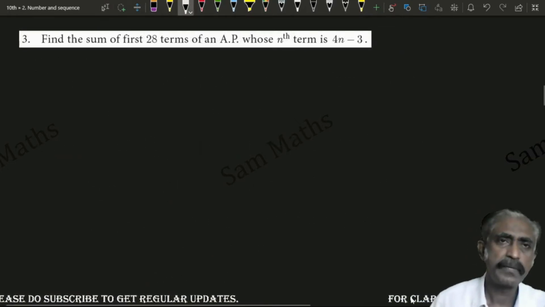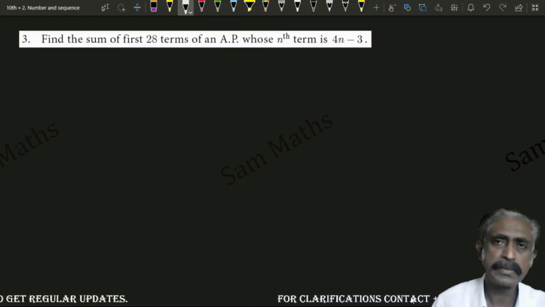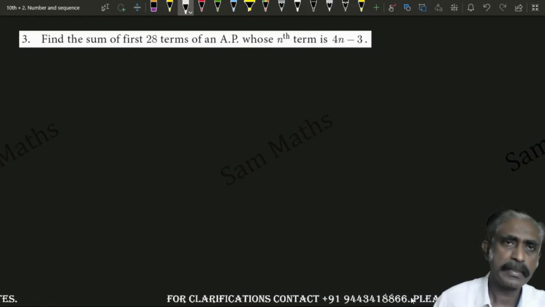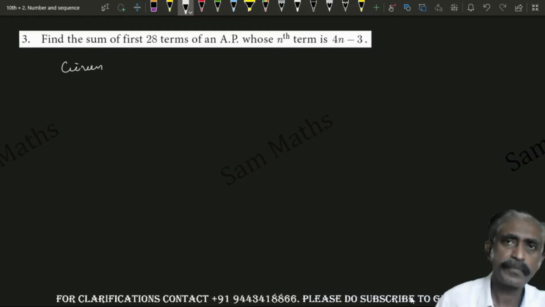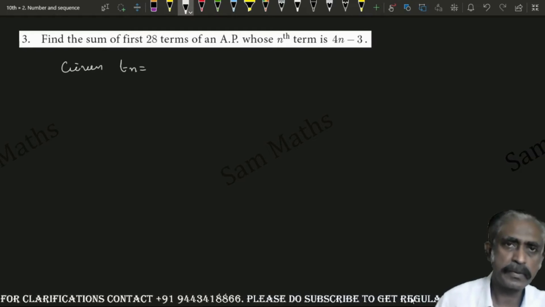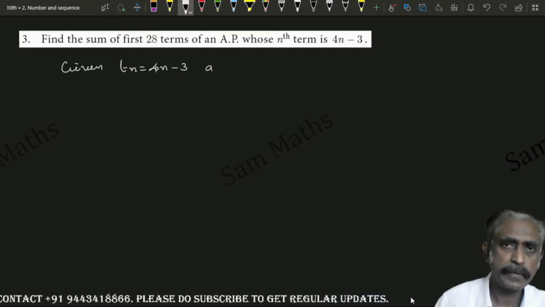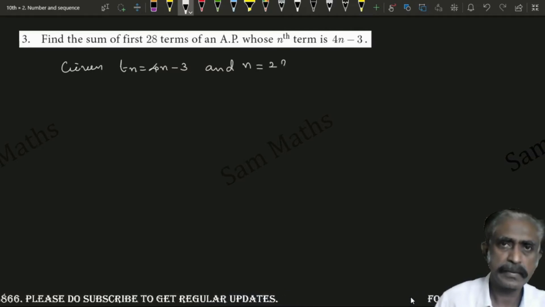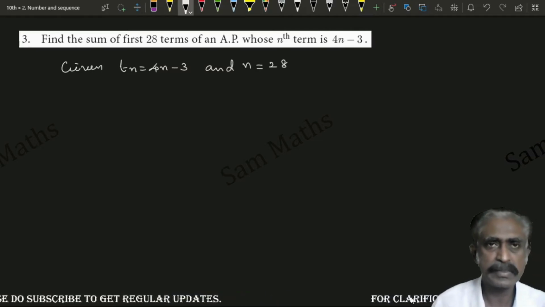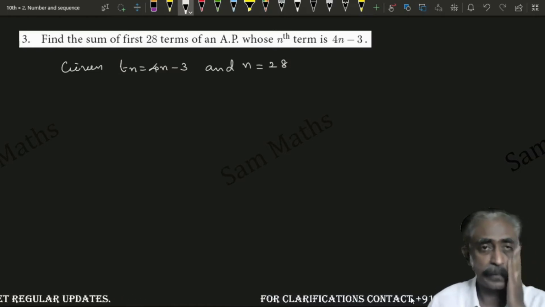Third sum, find the sum of first 28 terms of an AP whose nth term is 4n minus 3. Given Tn is equal to 4n minus 3 and they given n is equal to 28. Clear, children? We need S28. Now you put n is equal to 1.